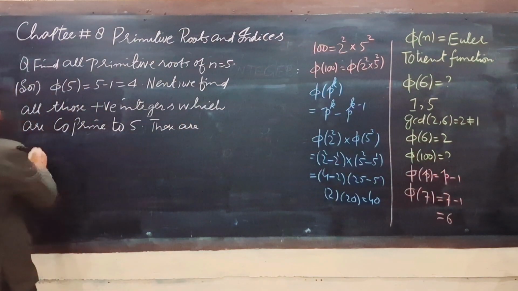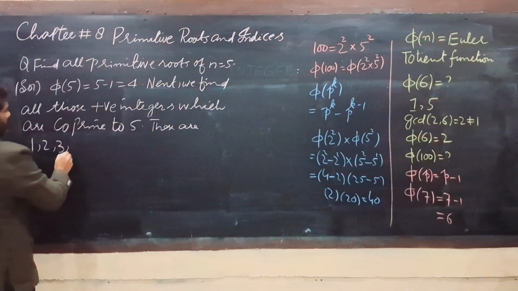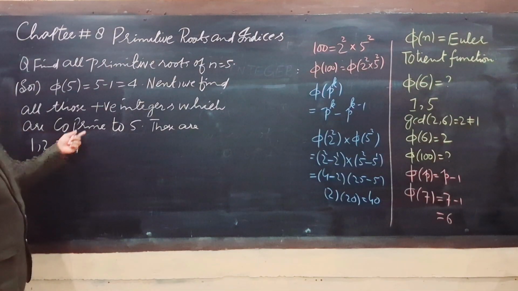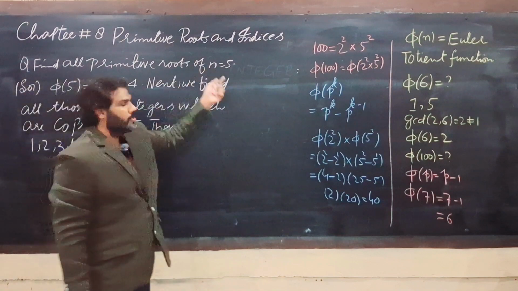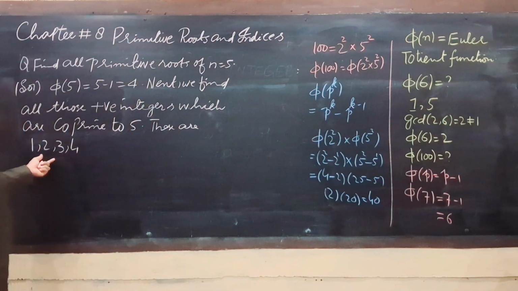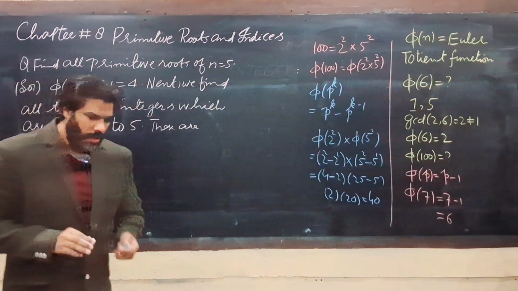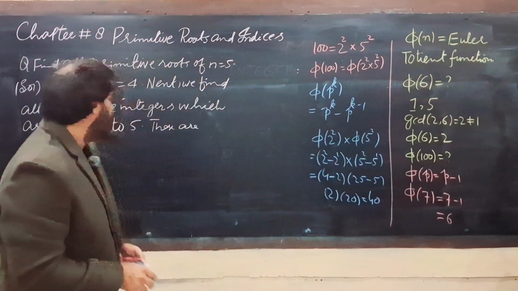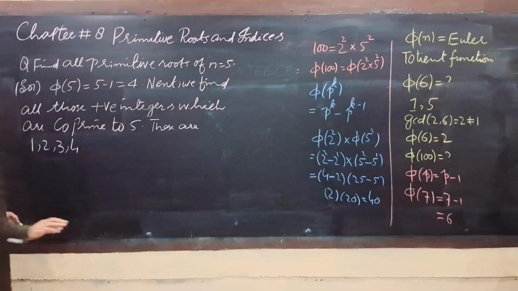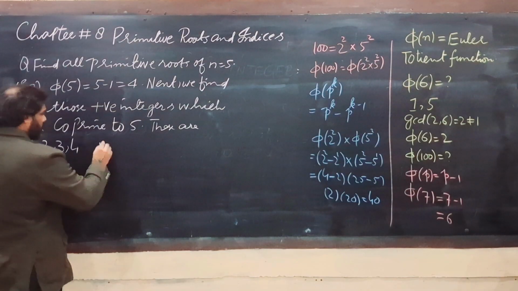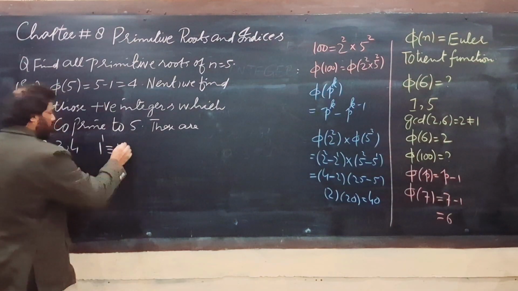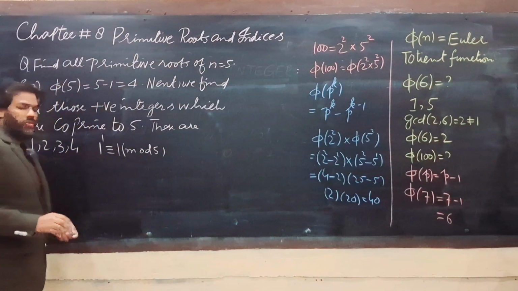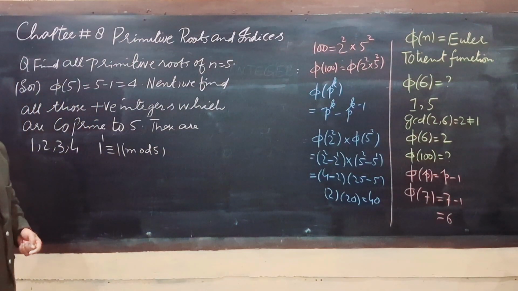The first integer is 1, second is 2, third is 3, and fourth is 4. So these are the 4 positive integers which are relatively prime to n is equal to 5. Now out of these four, some of them will be primitive roots. 1 cannot be a primitive root because its order is always 1. 1 raised to power 1 is always equal to 1 modulo 5. So 1 cannot be a primitive root for any integer.